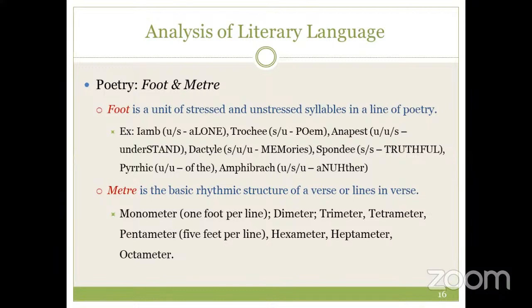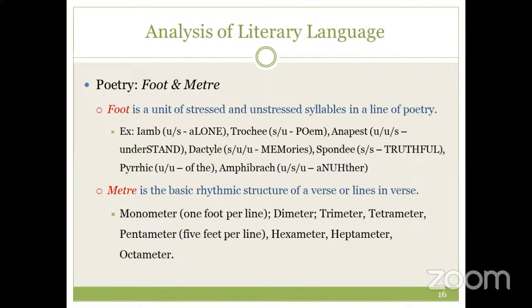Okay. Now, one of the most used foot in English is the iamb. Please remember this from the examination point of view, also from any competitive exam point of view. The most used foot in English poetry is the iamb, the first one.